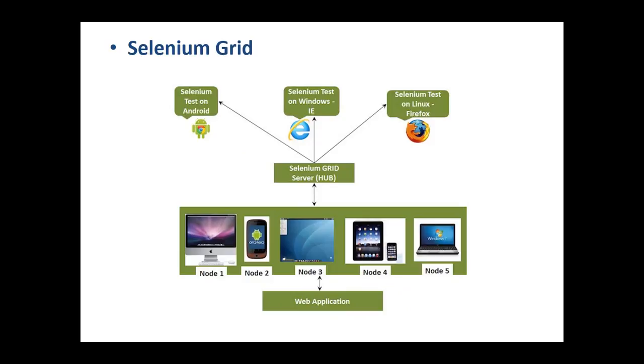And there comes Selenium Grid. Normally while automating the scenarios, you may have a situation where you need to run parallel tests, or you may need to run some tests across different kinds of browsers, across parallel systems, and so on.